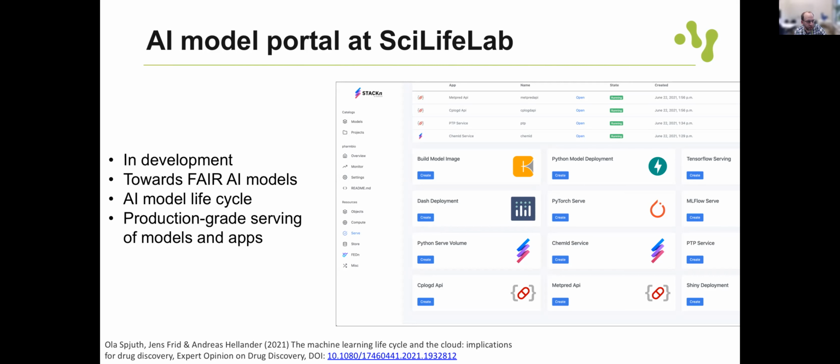And also to target the AI model lifecycle. It can be rather complex to develop models, and right now it can be even more demanding to serve them. So we want to make some efforts towards production-grade serving of models and connected apps. This is in development. You will hear more about this soon.